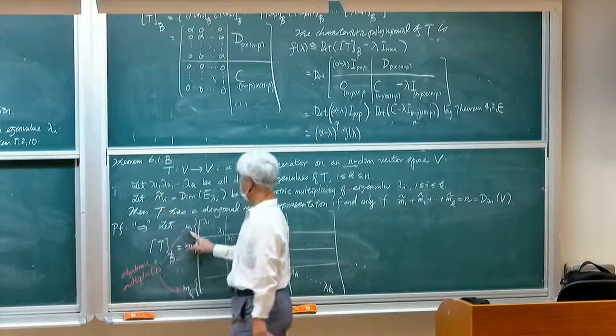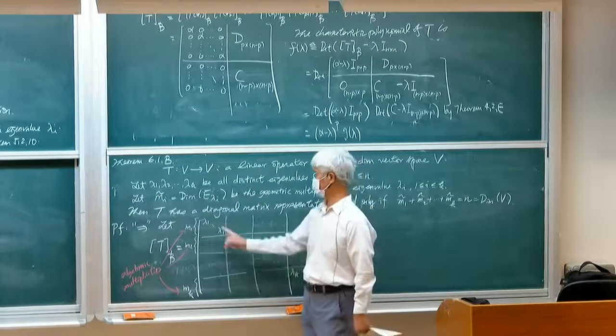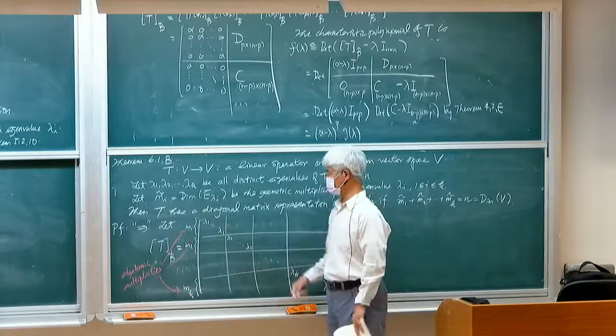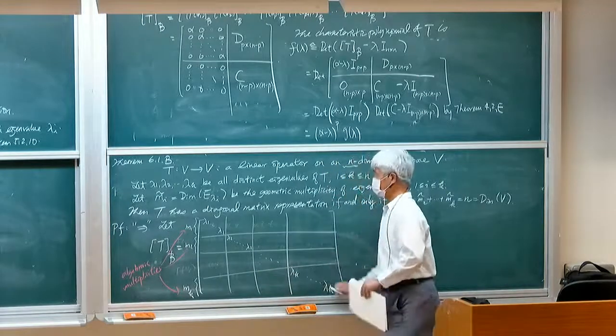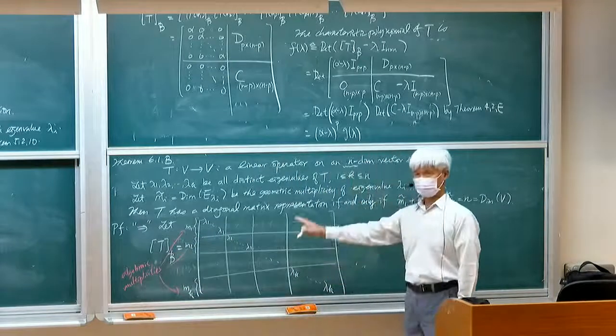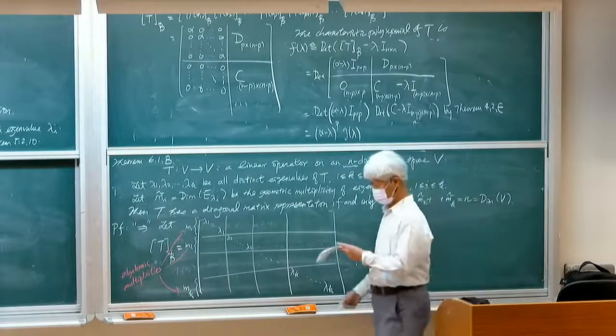Okay, so M1 is the algebraic multiplicity of eigenvalue number 1, M2 is the algebraic multiplicity of number 2, etc. This is a diagrammatic representation like this one.